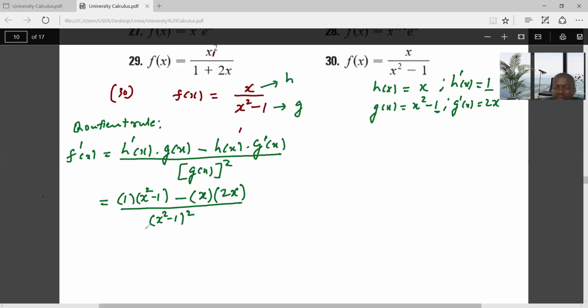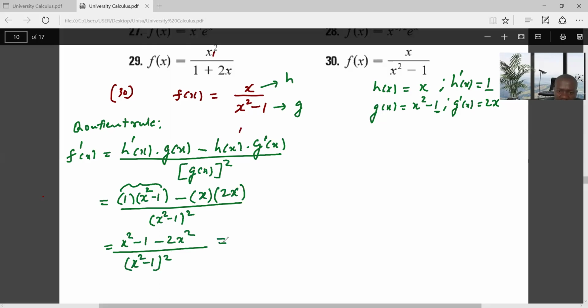So now we're going to have, let's remove the brackets. This is x squared minus 1. This is 2x squared all over x squared minus 1 all squared. Let's simplify this.